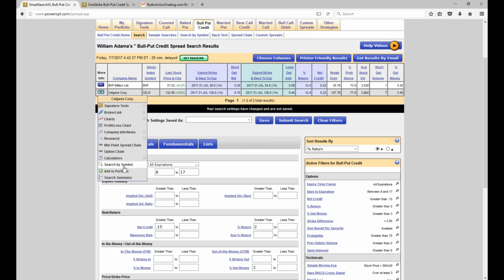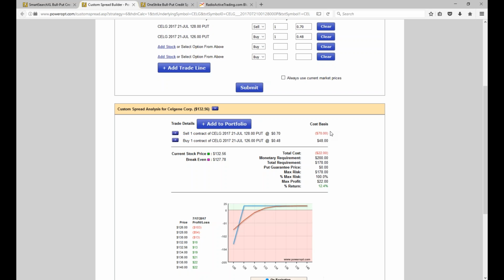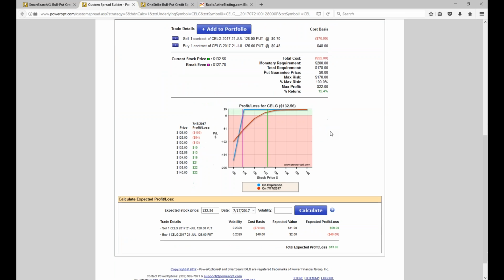Okay, this is in one of my other webinars when we talk about the management techniques for a spread. Here we are in a bull put on Celgene. I would have sold the 128 and bought the 126. Fair enough. 22-cent net credit, 12.4% return, 70-ish% probability.